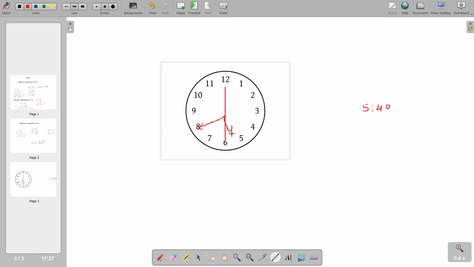The hour hand is on the right side of 6, and the minutes hand is on the left side of 6. How many places do we need to move? If you observe here, 6 to 7, 1; 7 to 8, 2. So 2 places we need to move.